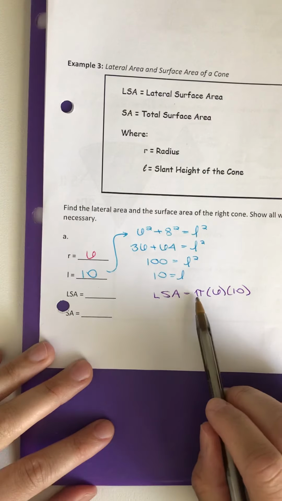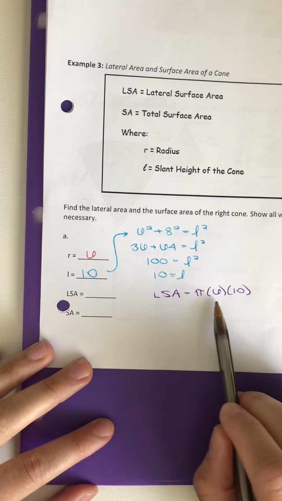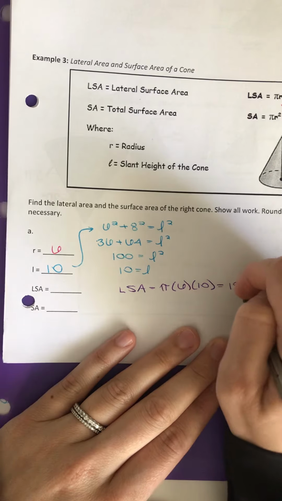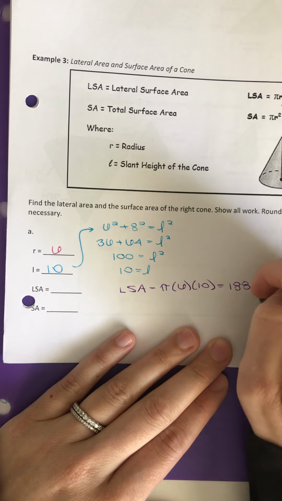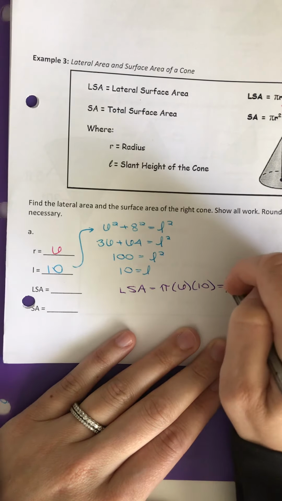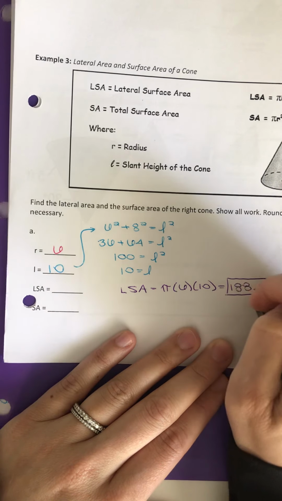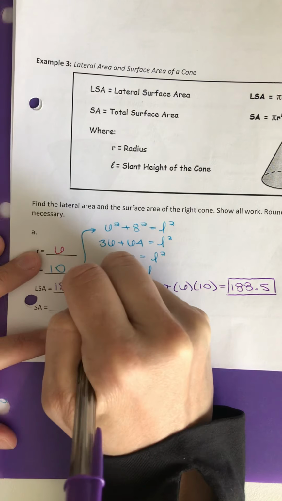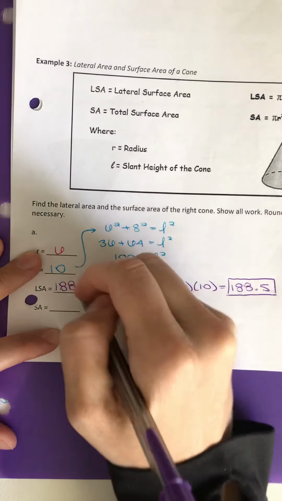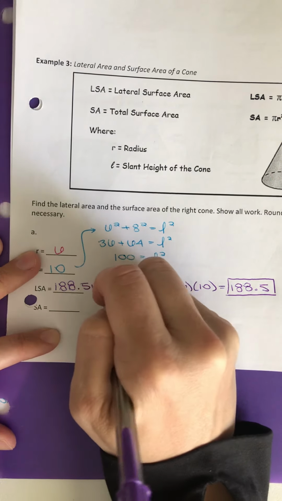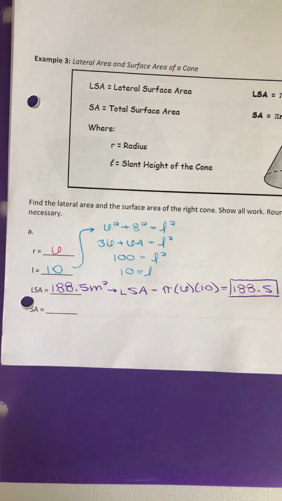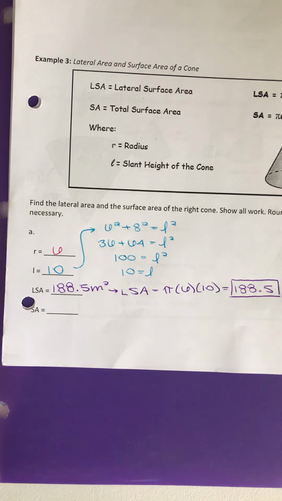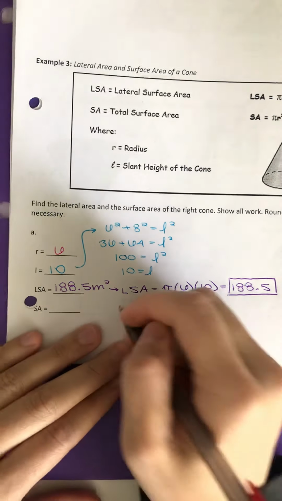Just plug it right into a calculator. Pi times 6 times 10, or pi times 60, and you get about 188.5. My units is meters. And then for my surface area, I'm going to do pi times 6 squared and then add that 188.5.